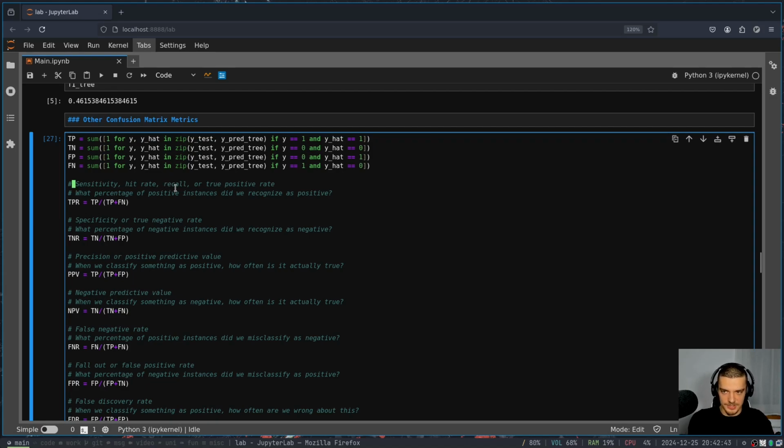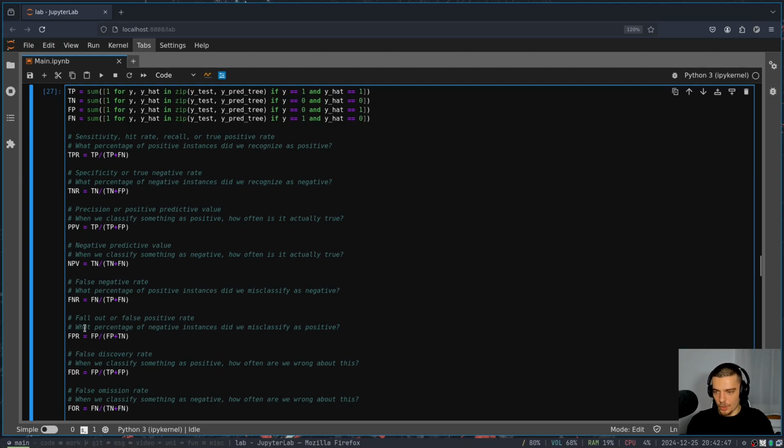What percentage of positive instances did we recognize as positive? And FPR is what percentage of negative instances did we misclassify as positive? And these two are, of course, a trade-off. The one thing is I want to cover as many positive instances as possible, and the other one is I want to not misclassify stuff as positive.